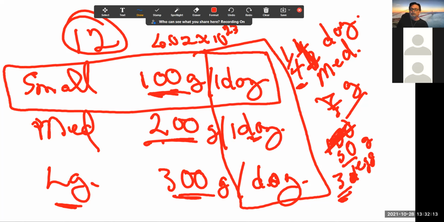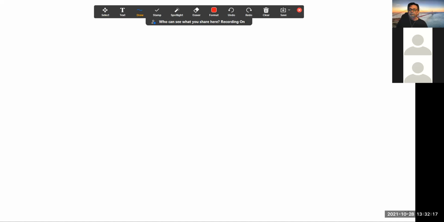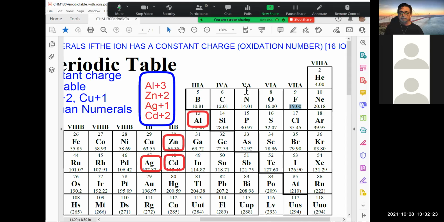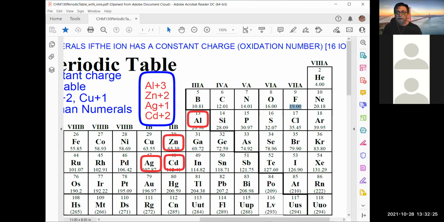Okay. And so let's go back to the periodic table. We talked about carbon right here. Carbon, 1 mole of any of these elements on the periodic table simply weighs whatever their atomic weight is. Why?